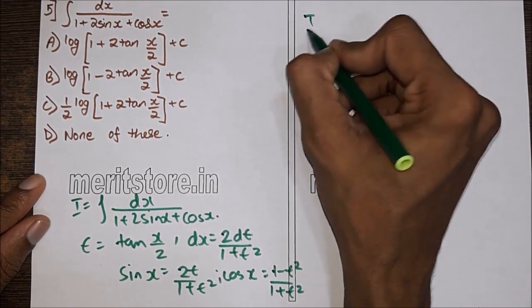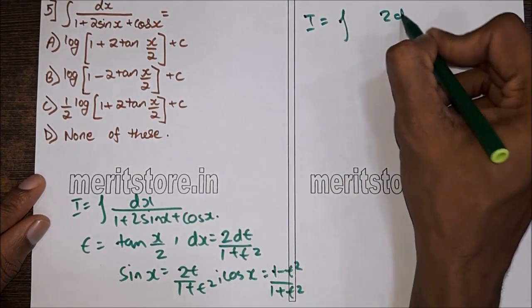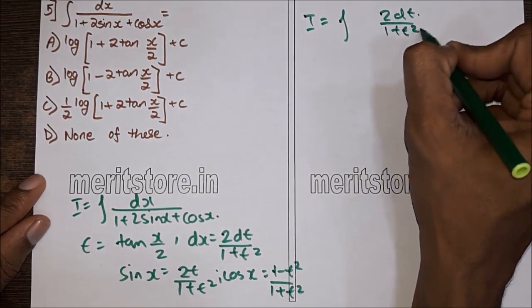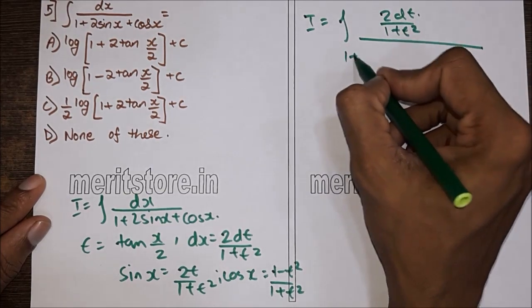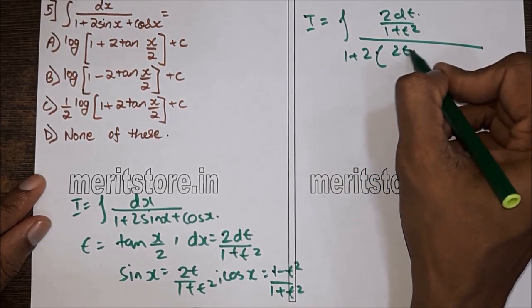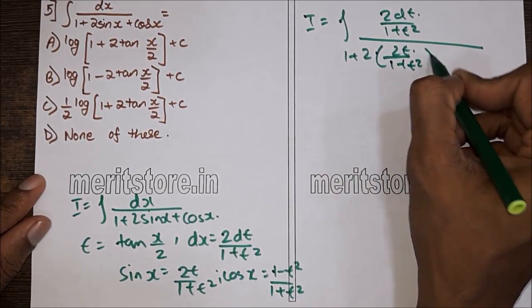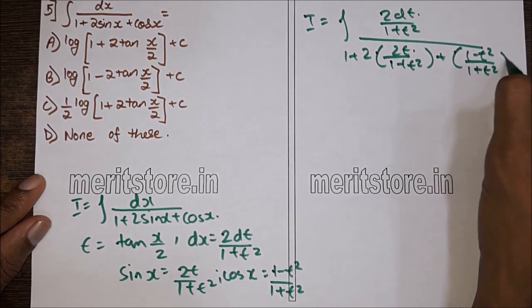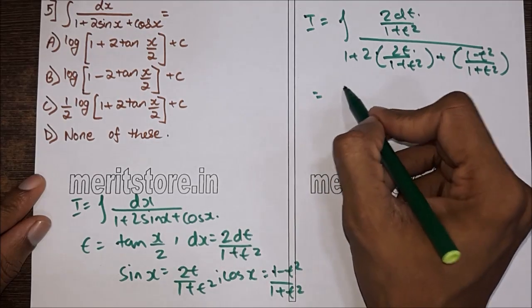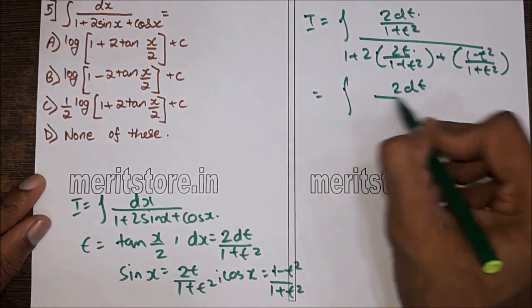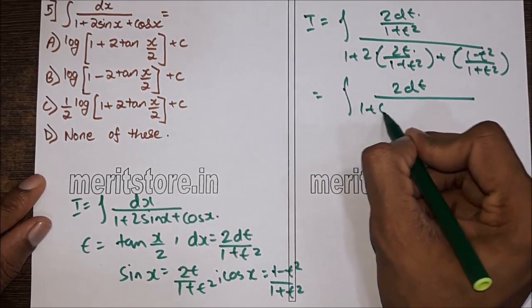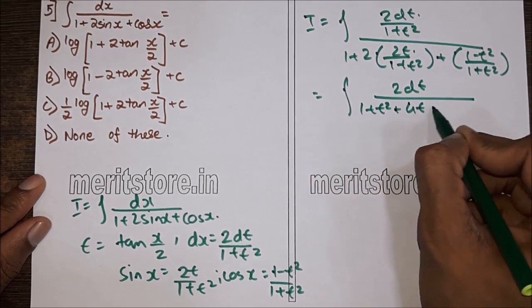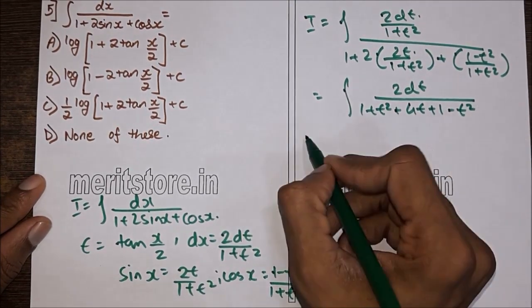Substituting the values, we get I equal to integral of 2 dt upon 1 plus t square, upon 1 plus 2 into 2t upon 1 plus t square plus 1 minus t square upon 1 plus t square. For the solving, integral 2 dt upon 1 plus t square plus 4t plus 1 minus t square.